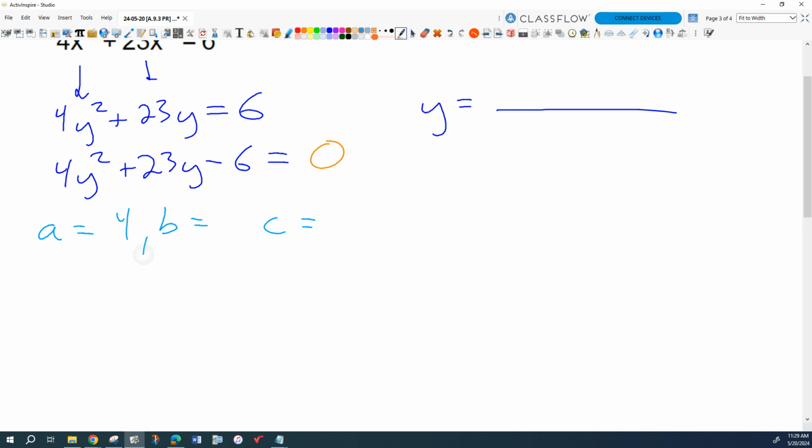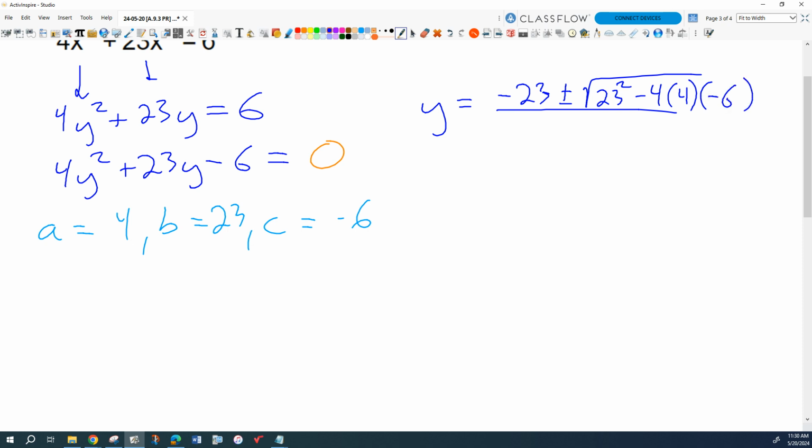4 is a, 23 is b, and negative 6. Okay, so if we plug that stuff in then, negative b would be what? There you go. Plus or minus the square root of b squared, well that's just 23 squared, minus 4 times 4 times negative 6.